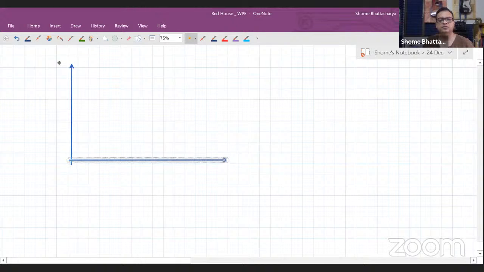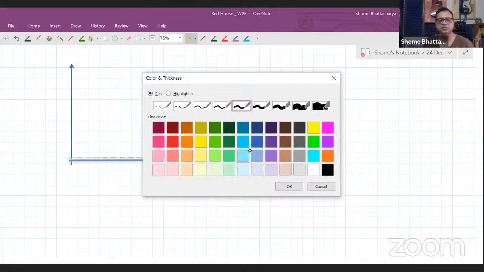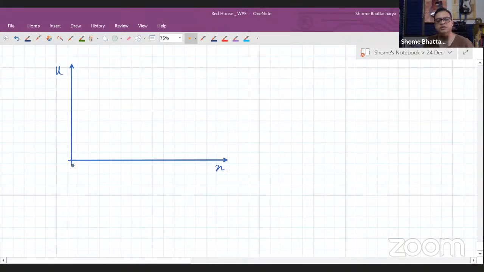So this is the graph of potential energy as a function of x for a 1D system, along the x-axis, needless to say.